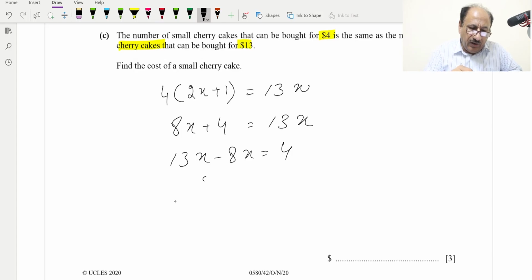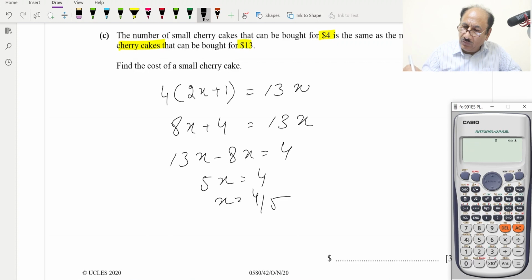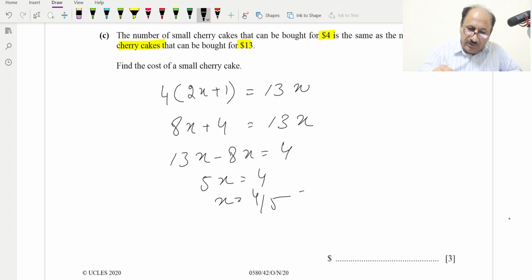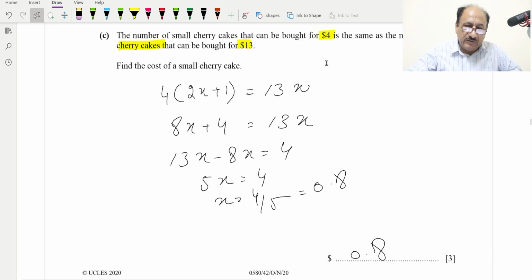So this will be 5x is equal to 4, so x is equal to 4 over 5, and this one we can simplify. 4 divided by 5 is equal to 0.8, and $0.8 will be our final answer.